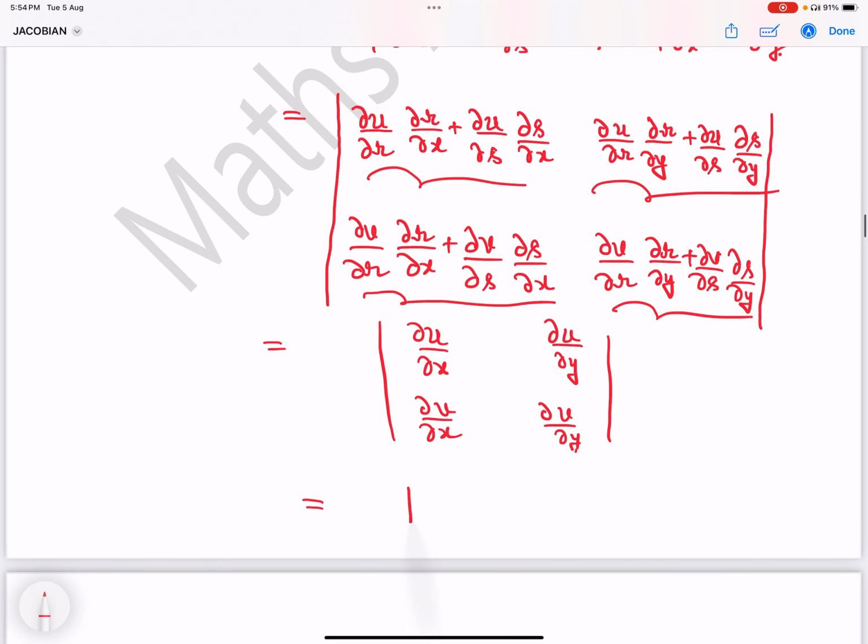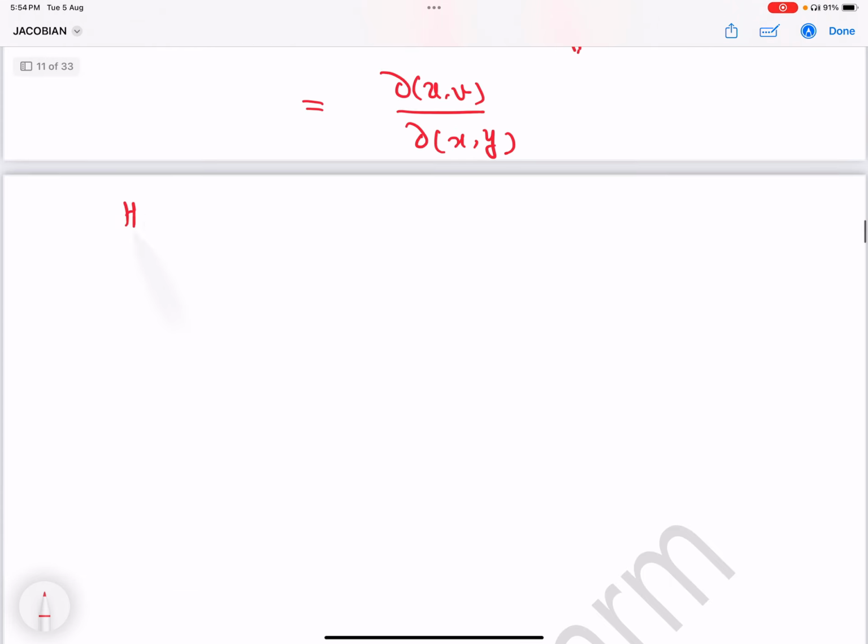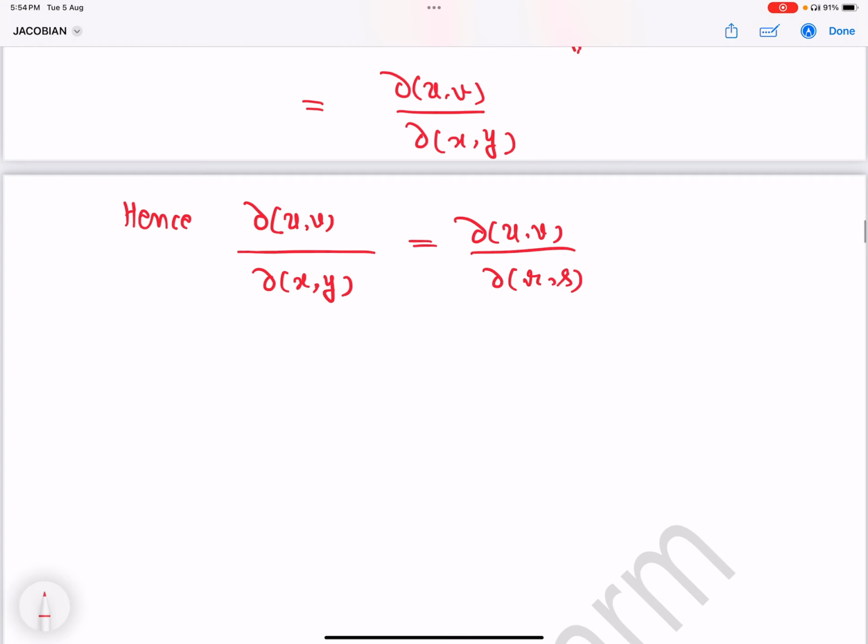This is nothing but the Jacobian of U, V with respect to X, Y. Hence, del(U,V) upon del(X,Y) is equal to del(U,V) upon del(R,S) into del(R,S) upon del(X,Y). So the chain rule is proved.